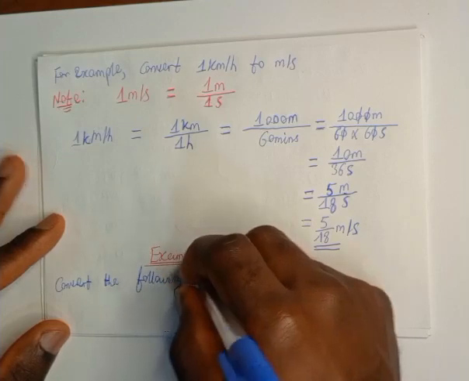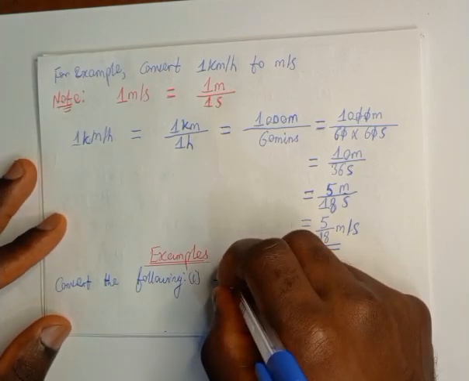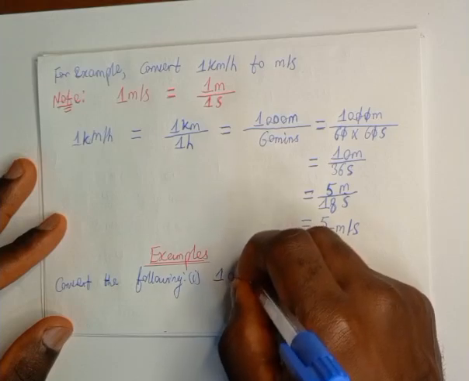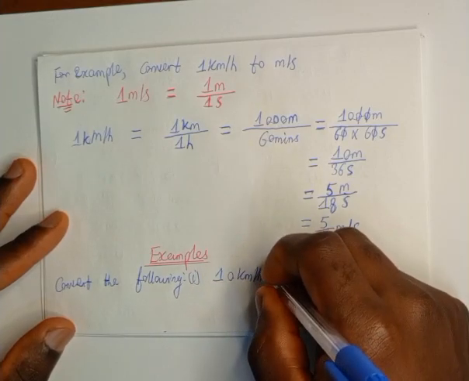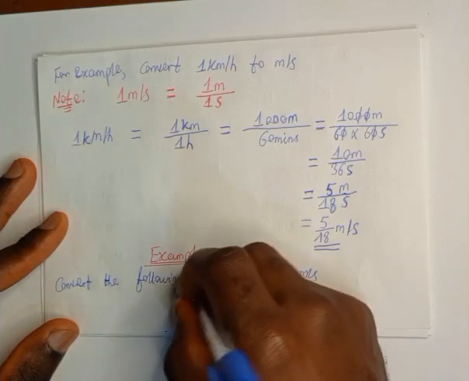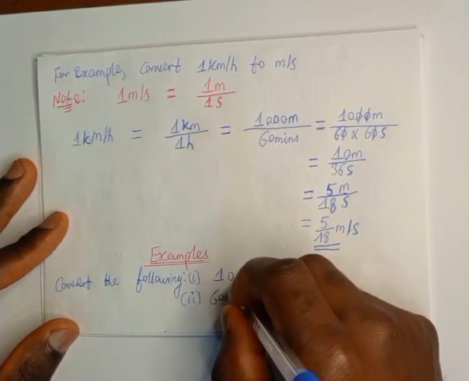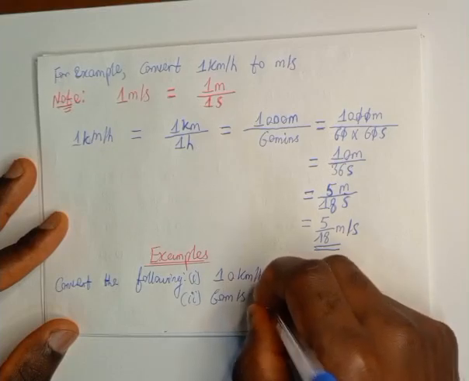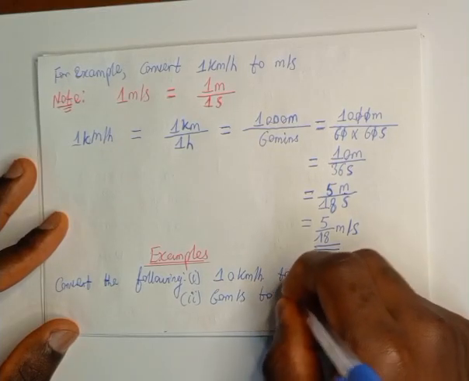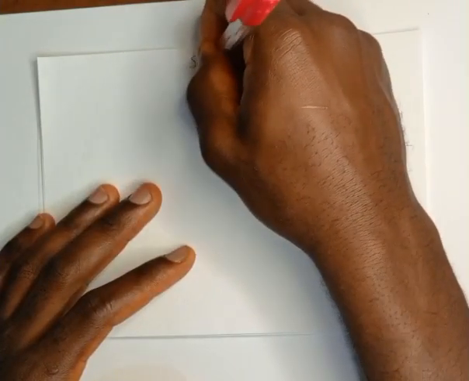First one, we have 10 kilometers per hour to meters per second. The next, we have 60 meters per second to kilometers per hour. We take solution.